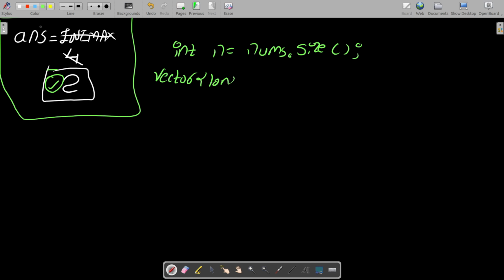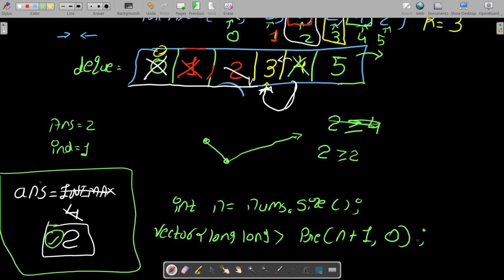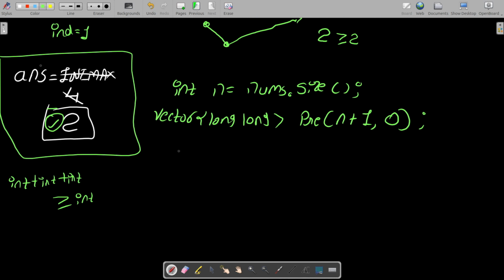I would take long because integer plus integer plus integer could sometimes exceed the sum of the integers. So let's say long prefix of n plus 1, initialized to 0, because we are considering 0 in this prefix, so the length would be 6 here, right?